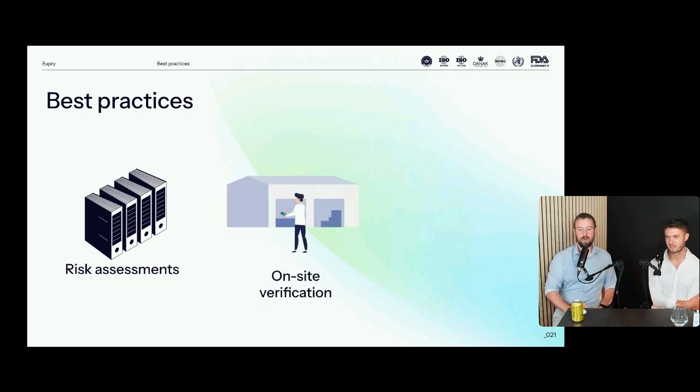Secondly is go on site. As a validation engineer, it's sometimes very nice and comfy to stay in our offices and create these protocols, but we often see that going on site will give you a much better understanding of what the situation is like, and of where the risks are as well.